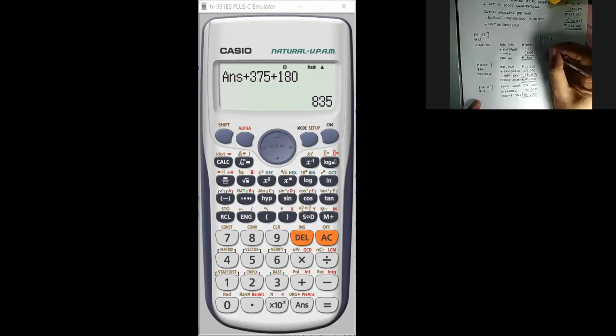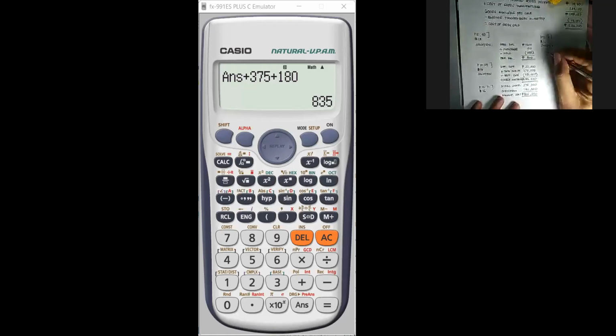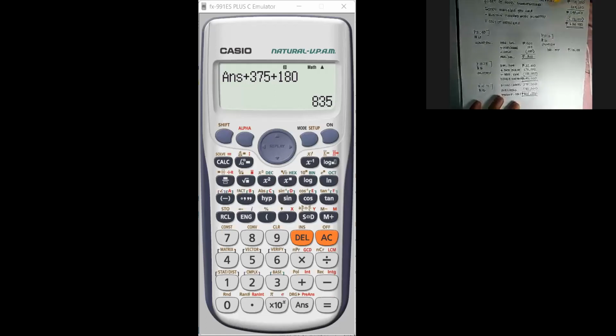Okay, solution. Beginning work in process was 125. Beginning work in process. How much? 125,000.